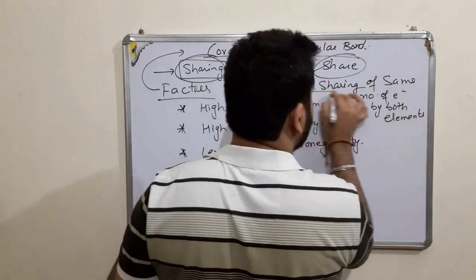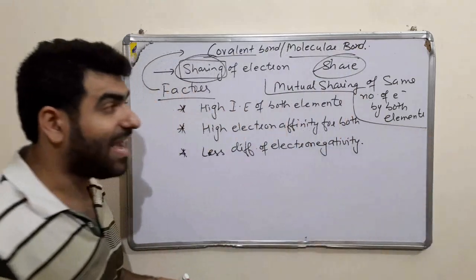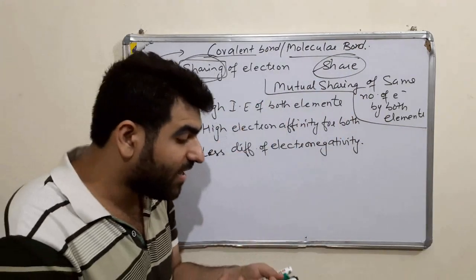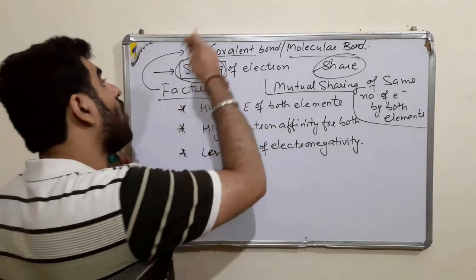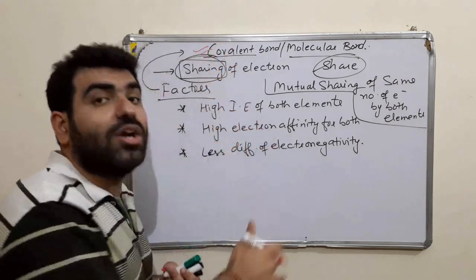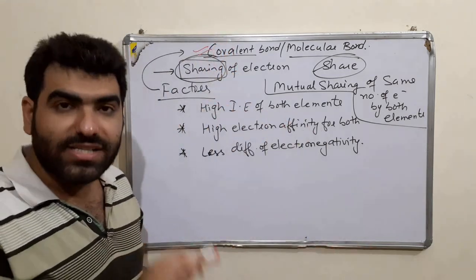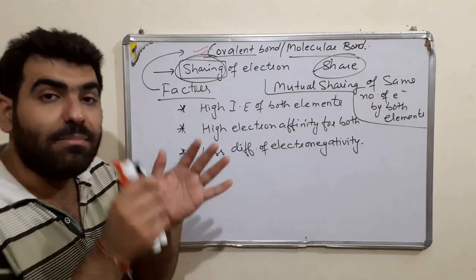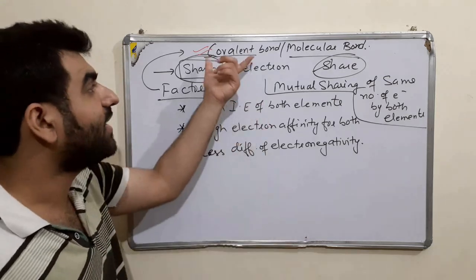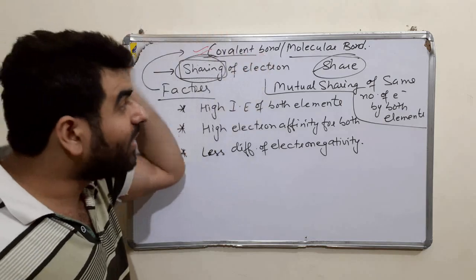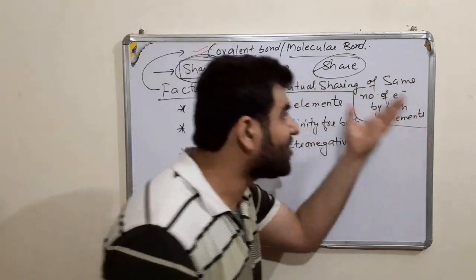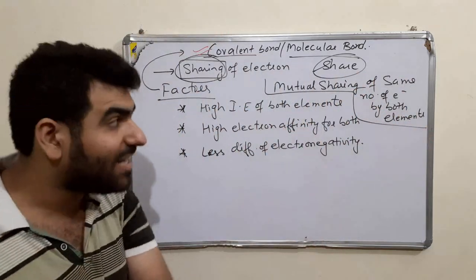Both elements share the same number of electrons. This is a very important point in the covalent bond, which will differentiate it from the next bond that we'll discuss in further videos. Here the main thing you have to concentrate on is that in a covalent bond there is a mutual sharing of the same number of electrons.